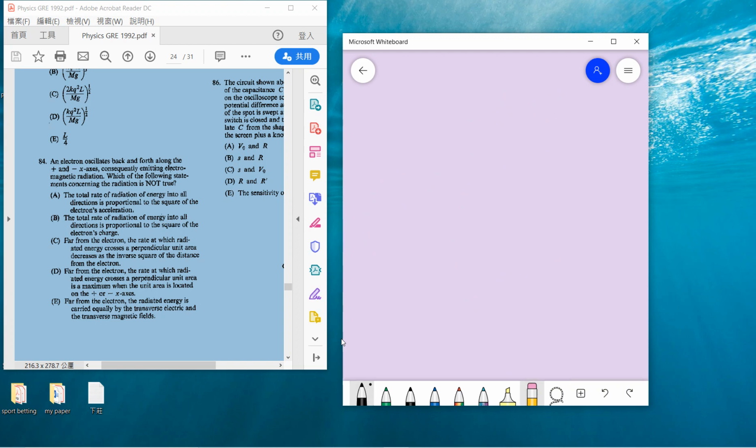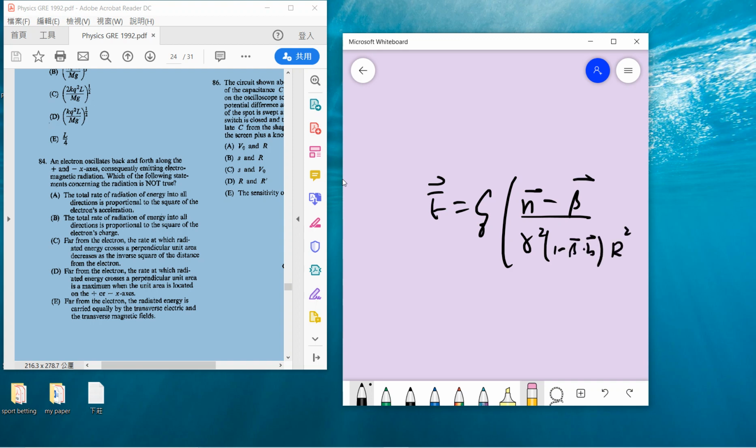C says that when you are very far from the electron, the radiation across the perpendicular unit area decreases as the inverse square. If you remember the Liénard-Wiechert potential, you can write down a lot of terms, but one goes as 1 over r.